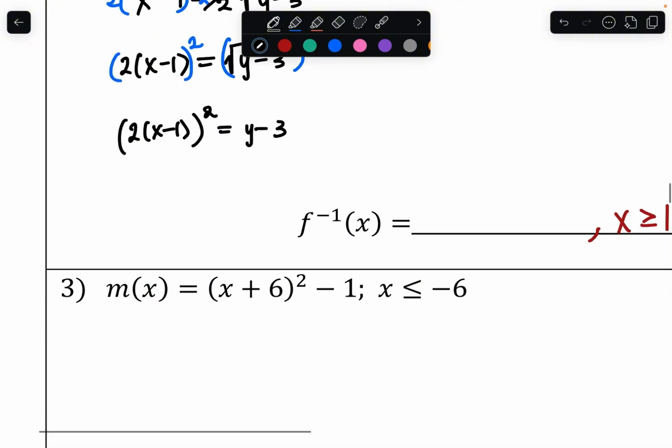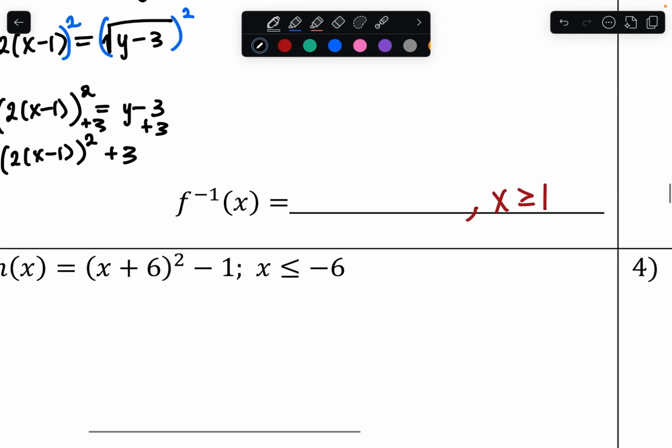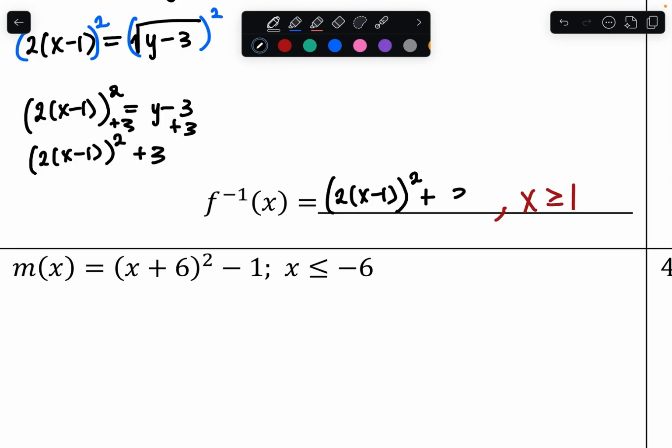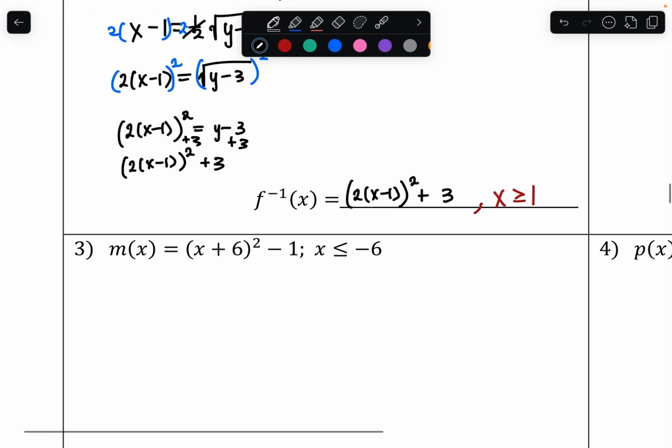And then our last step is just to add the 3, and it stays outside of all of these parentheses. Okay, and so our final function is 2 times (2x minus 1) squared plus 3. And then we have that domain restriction.